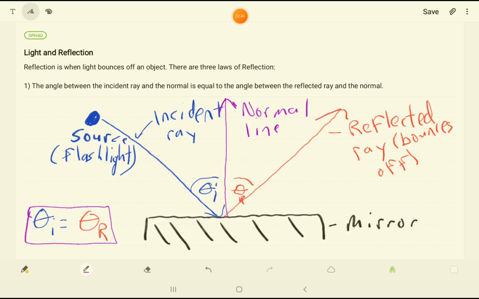The box in purple over here is the summary of your first law of reflection. The green here would be your incident ray with regards to the surface, not the normal line, and the angle in orange would be the reflected angle with reference to the surface. But when it comes to the first law of reflection, we're only interested in the reference to the normal line.